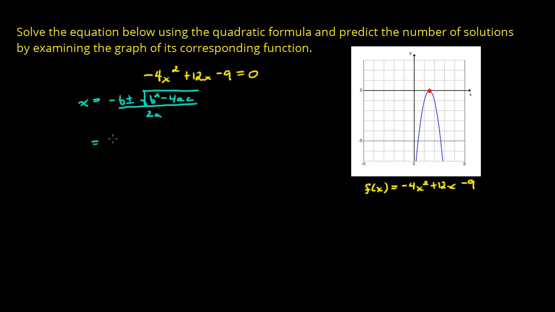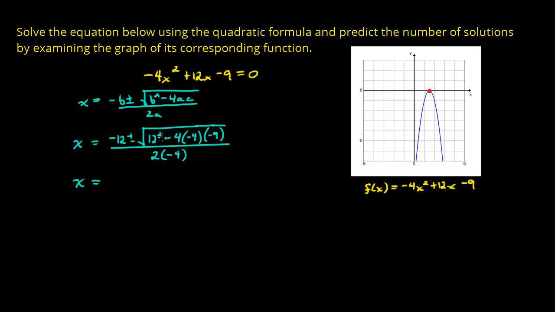Now, a here is negative 4, b is 12, and c is negative 9, so I get negative 12 plus or minus the square root of 12 squared minus 4 times negative 4 times negative 9, all divided by 2 times negative 4.